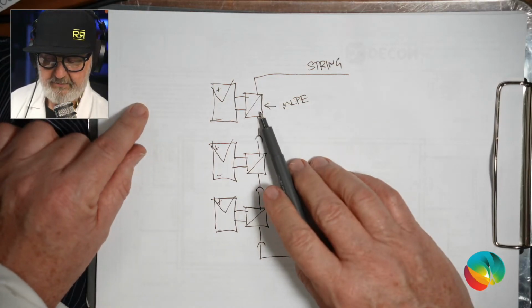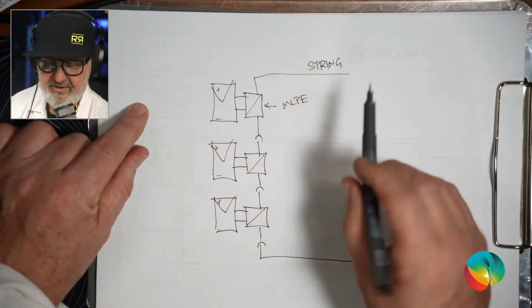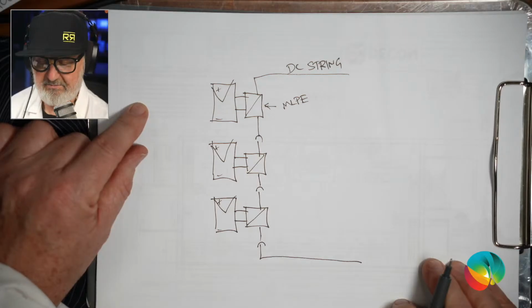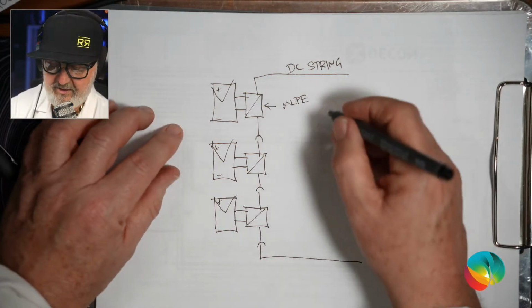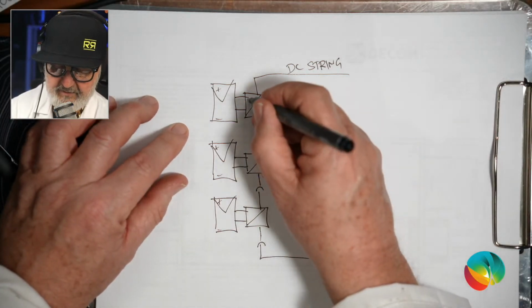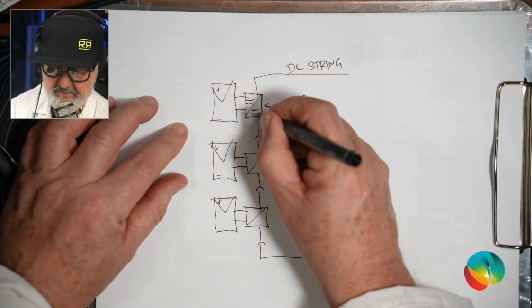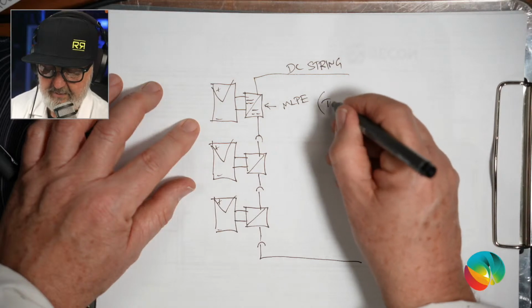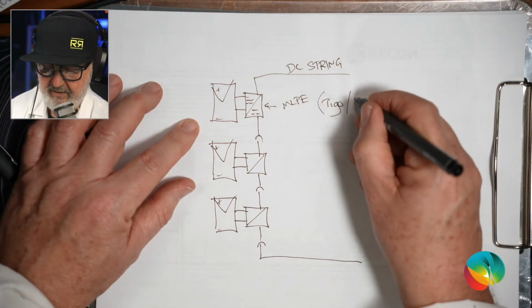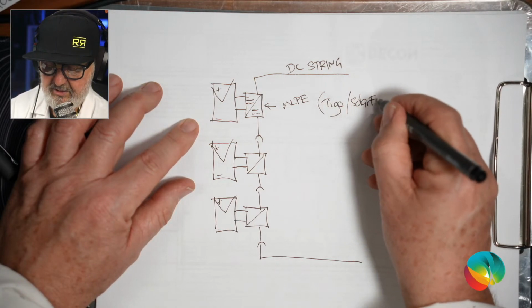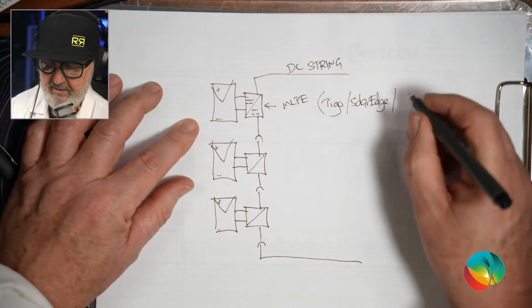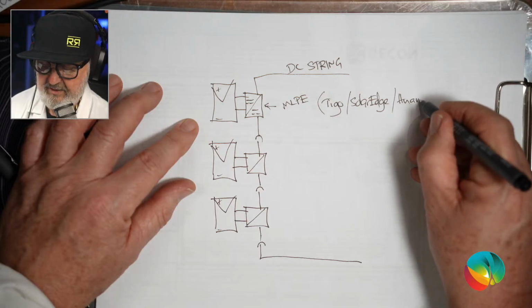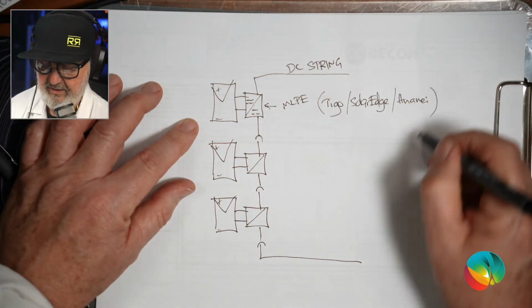Now, if I call this a DC string, so it's going off to a regular inverter, these would be something like converting DC to DC. To use brand names, Tigo, Solar Edge with their optimizers, and Huawei with their optimizers, and there's other brands out there as well.